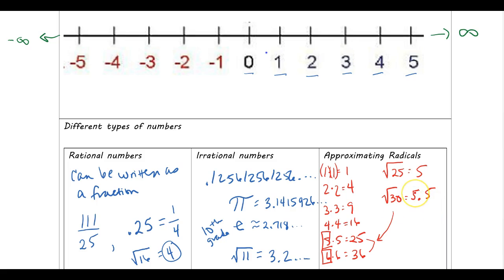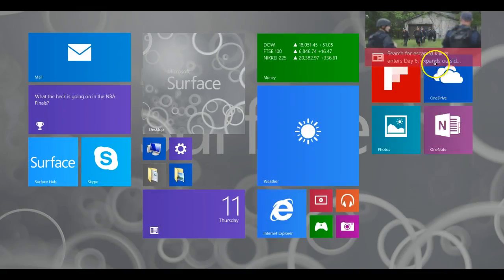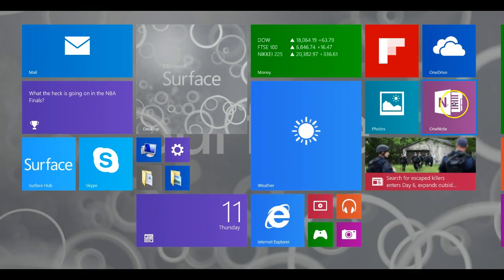So you kind of can guess like that. So if somebody said, okay, I want you to put the square root of 30 on the number line, well, I would just have to say, that's about 5.5, and then I would come out here, and right here I could put a dot right up here. Not like that. Let's try that again.